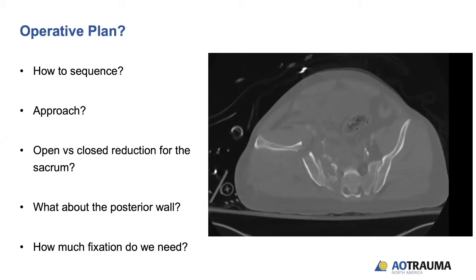And then assess whether or not you can reduce the posterior column, posterior wall through the ilioinguinal, with your second stage being the ilioinguinal. And then if you can't, then you might have to even go back to a Kocher-Langenbeck.